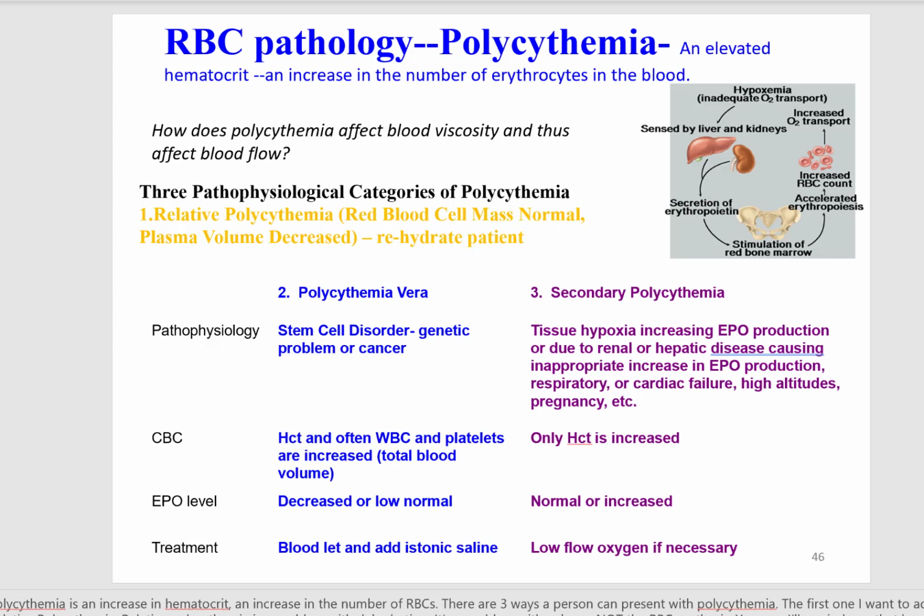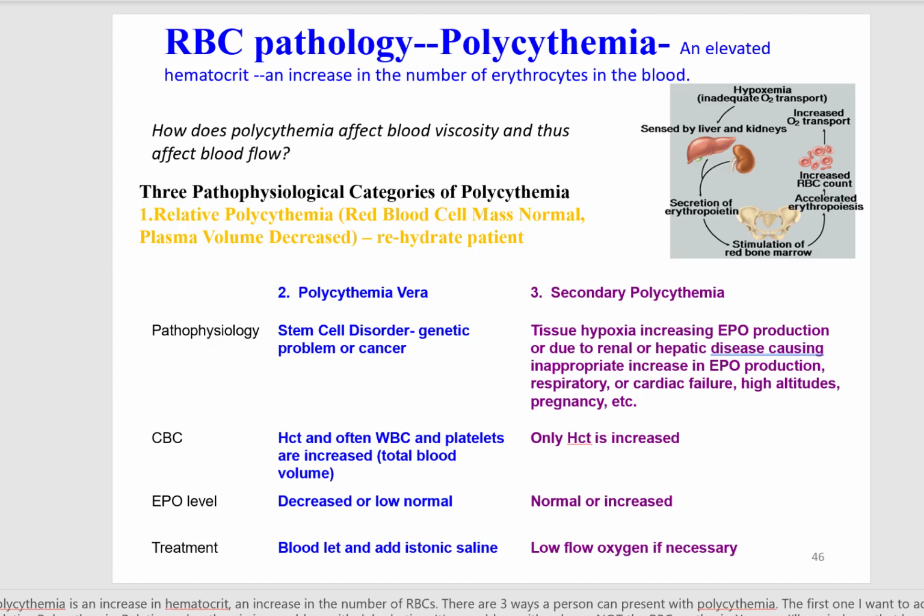I would like to cover 3 pathophysiological categories of polycythemia. I have numbered them here 1 through 3. This does not indicate the order of their pathology. One is not more severe than the other.